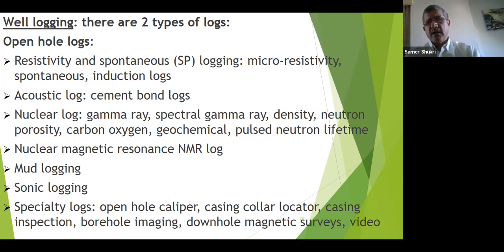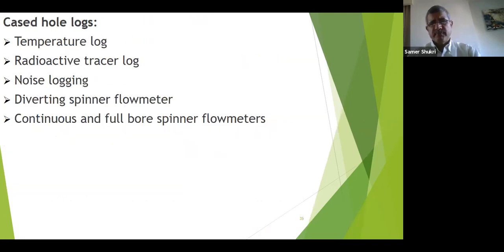specialty logs. What are they? Open hole caliper, casing collar locator, CCL, casing inspection, borehole imaging, downhole magnetic surveys, and we have video. Now let's move on to the cased hole logs.